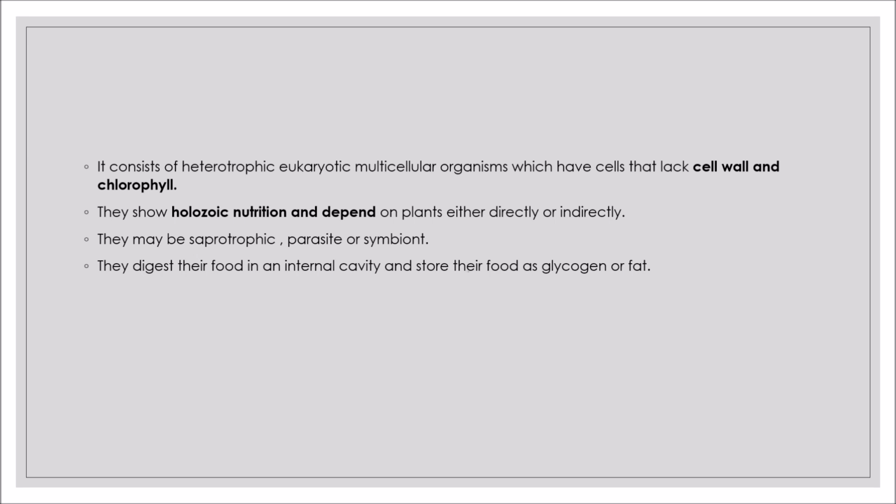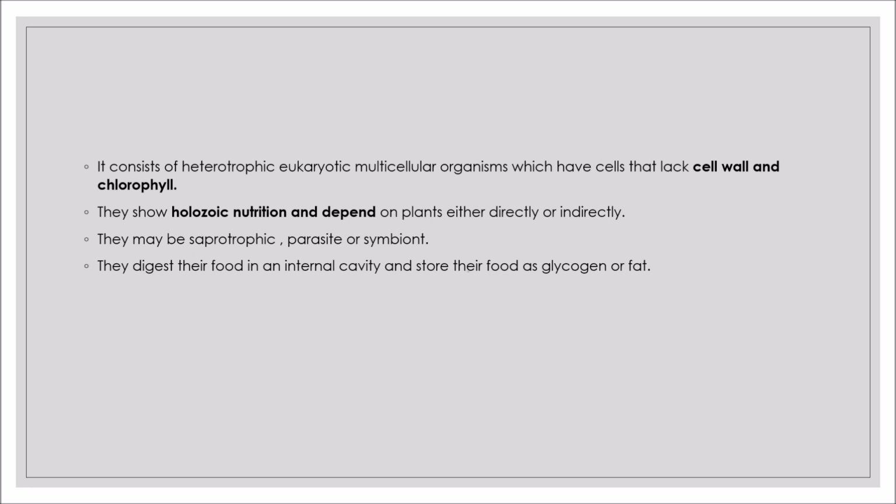Here the cell wall is absent and chlorophyll is also absent, and these Animalia members show holozoic nutrition. They depend on plants directly or indirectly, and sometimes they may be saprophytic, parasitic or symbiont.